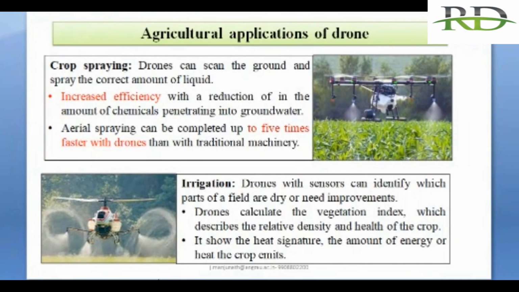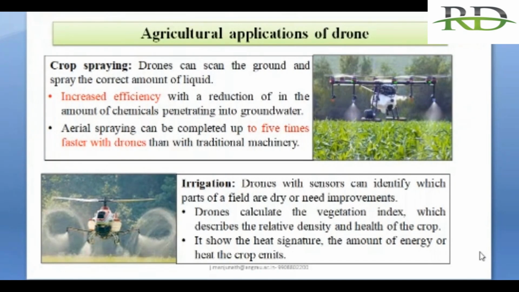and we can see which parts of the field require water and which parts don't need any water. We can assess irrigation by observing with these drones.